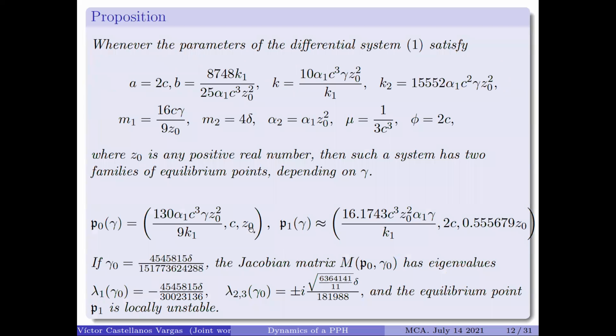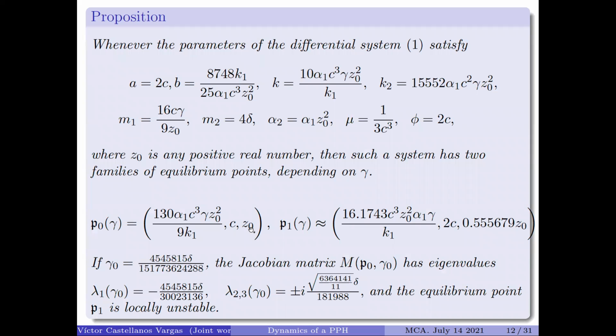Okay, in this proposition, we summarize all the calculus that we need to do to guarantee the existence of an equilibrium point in the positive octant.